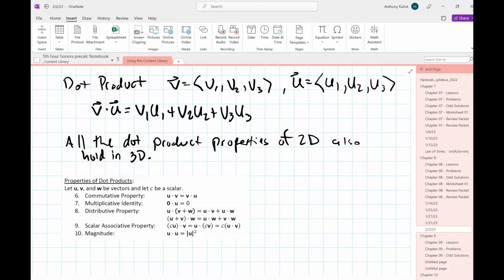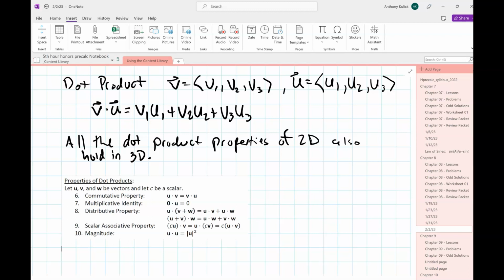Okay, what thing haven't we talked about yet for 3 dimensions that we have in 2 dimensions? What piece haven't we talked about yet? Starts with a D. Direction, yeah.